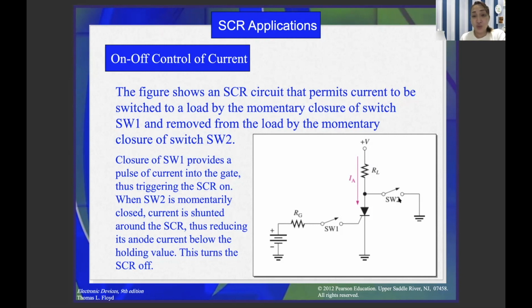Here, this is gate triggering because you apply a switch here. Now this one is the breakover voltage. This one is the force commutation. No, because force commutation needs a capacitor.